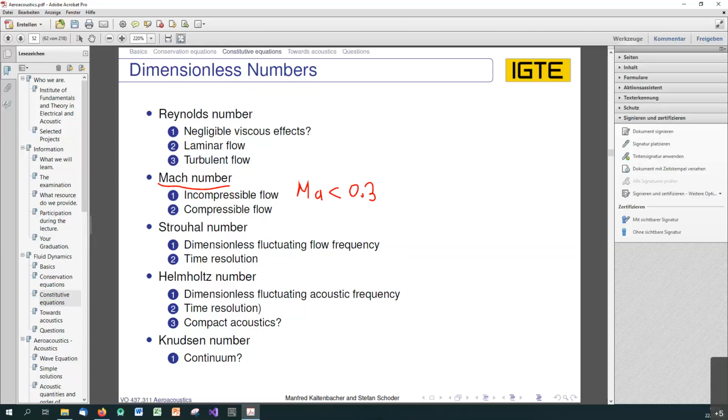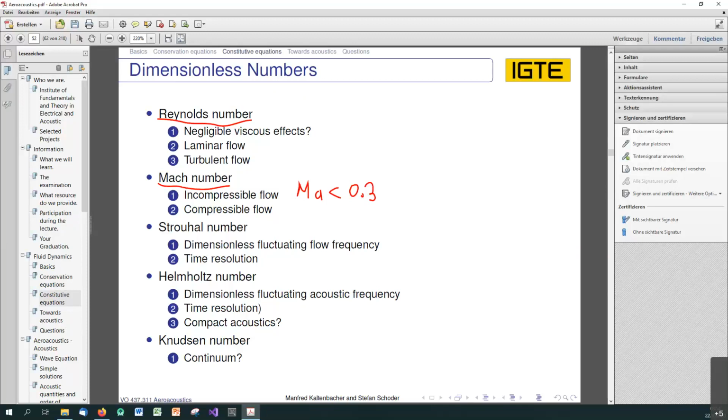Then going on with the Reynolds number. Is viscosity negligible? Probably all of you know the Euler equations. A very high Reynolds number says that you are in the Euler regime.